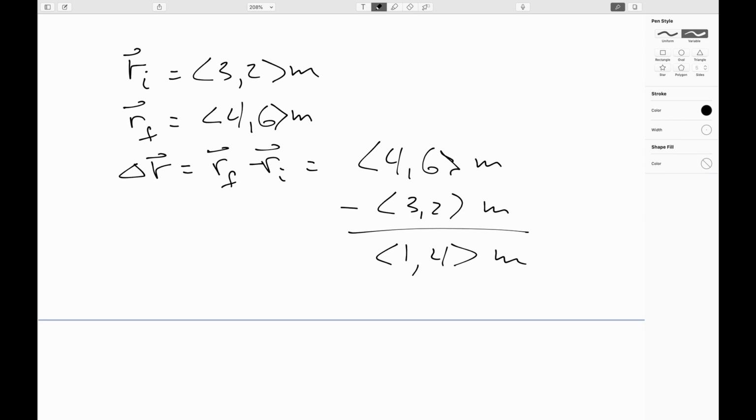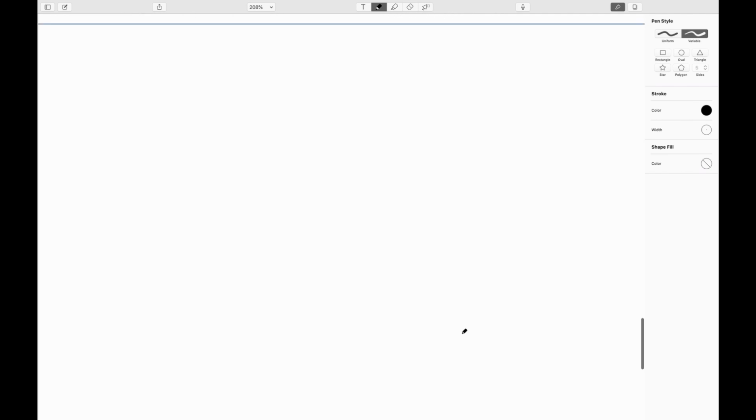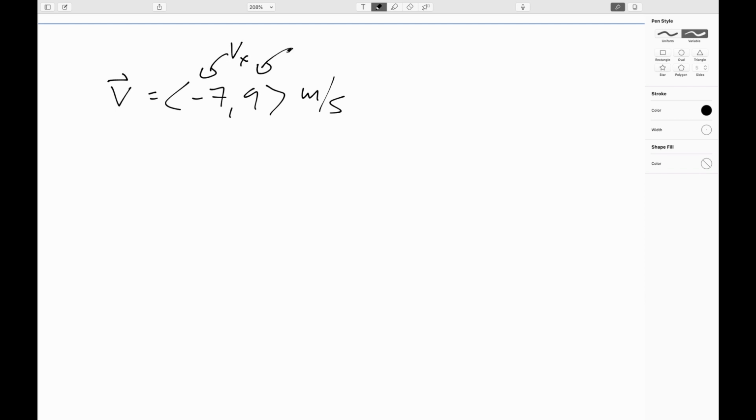All right. Let's also, while we're at it, say we know graphically we could also multiply by a scalar. How do we do that when it's in components? Well, let's say we have a velocity that's -7, 9 meters per second. Now here we would legit call this v sub x, and we call that v sub y. Again, calling r sub x and r sub y is unique purely to position and displacement vectors.